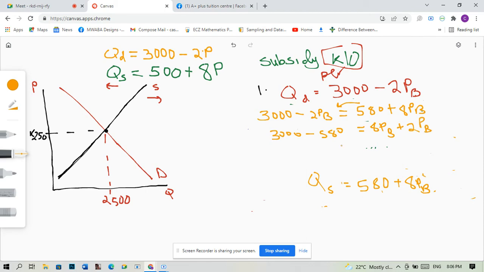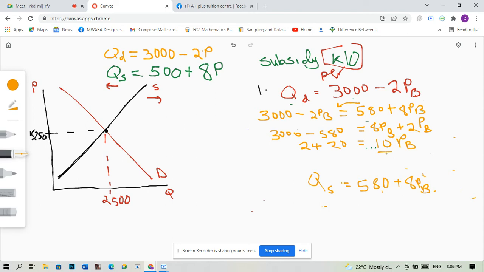All right, so 3000 minus 580, we get 2420, right? 8PB plus 2PB, that's 10PB, all right?